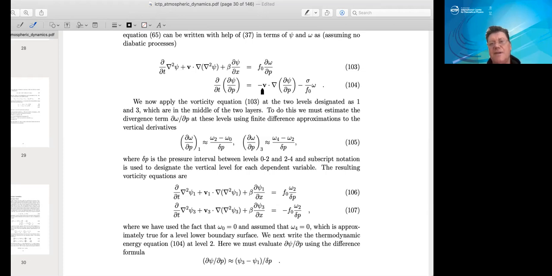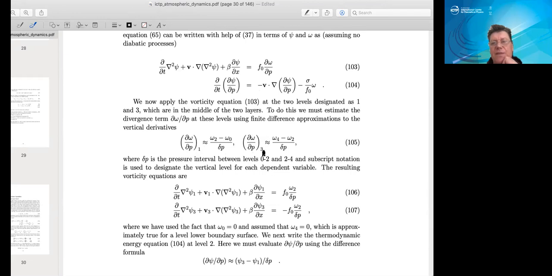But there's the derivative, so we can express the derivative, as you well know already from your numerical methods course. We can evaluate this approximately by the vertical derivative: omega at level 2 minus omega at level 0 divided by the pressure difference.